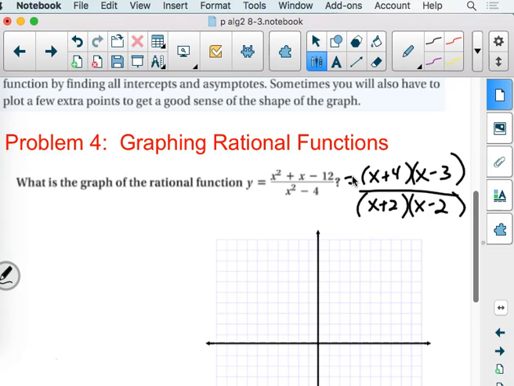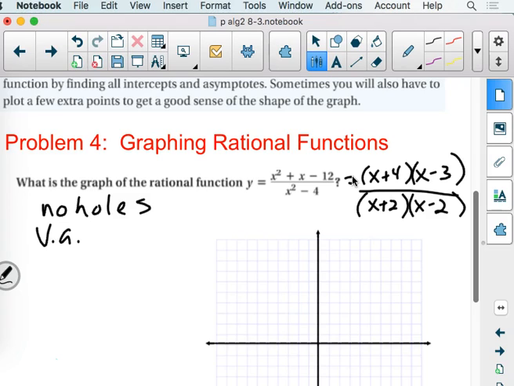Let's start finding all the things we can possibly find here. The first thing that I always start with is the bottom. I want those vertical asymptotes or holes right away. So, is anything going to cancel here? No holes. Vertical asymptotes come from the denominator.